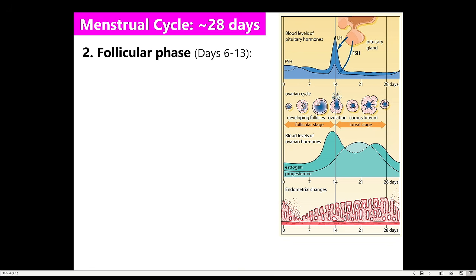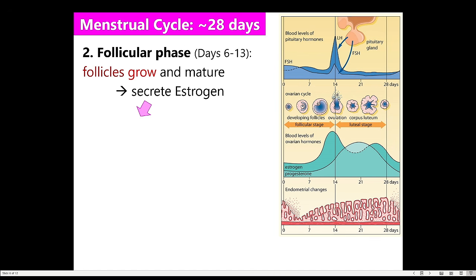However, in this PowerPoint, we will be adapting days 6 to 13 para may continuity. So during this time, follicles grow and mature. It is very evident in the picture on the right that the follicles start to grow in size. And then, estrogen is secreted.